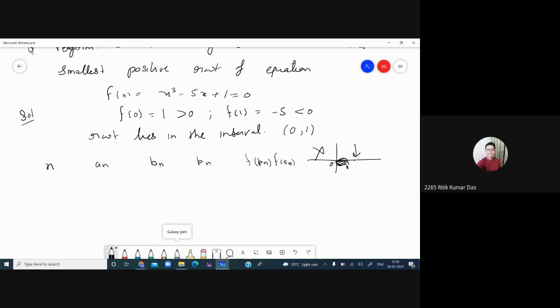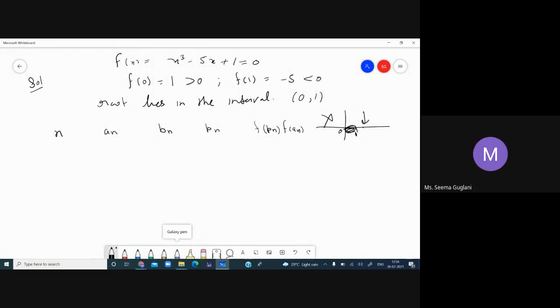So let's start with the calculation. When n is 1, a is 0, b is 1, the midpoint is 0.5. So you have to find the value of f(0.5) and f(0). Multiplying these two, what I just evaluated, that is less than 0. Clear?